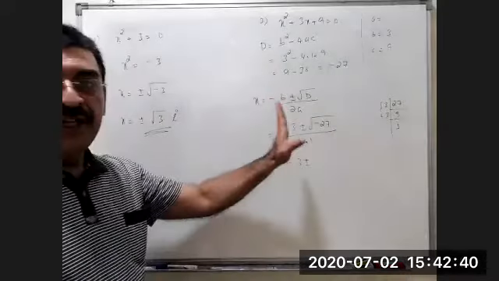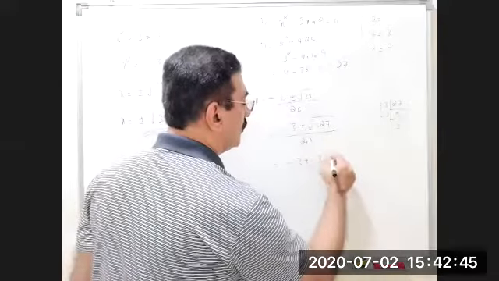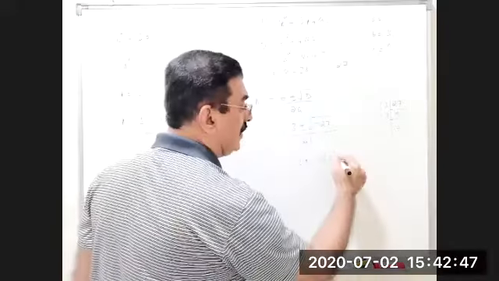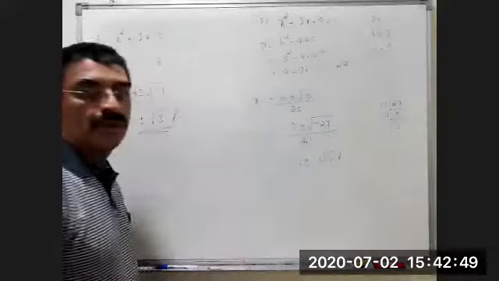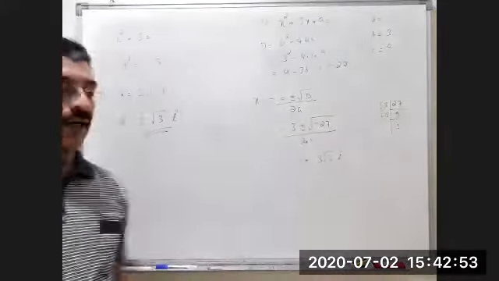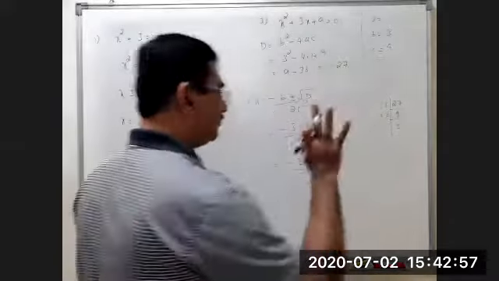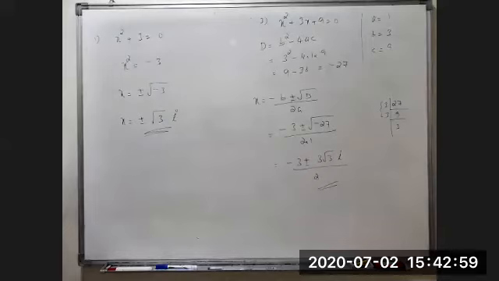Forget about the negative sign. Root 27 is 3 root 3. Again for that minus sign, one i will come here. Whenever a negative sign is there, write i outside. By 2. That's all. That's the answer. Minus 3 plus or minus 3 root 3 i by 2. Now we will do question number 8.